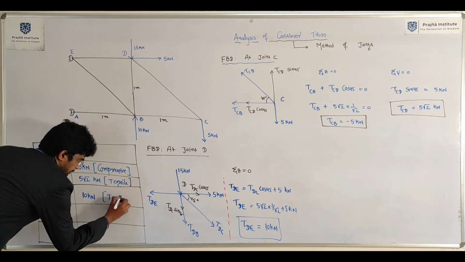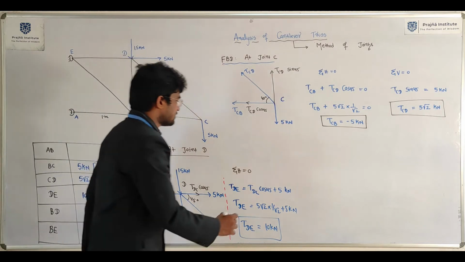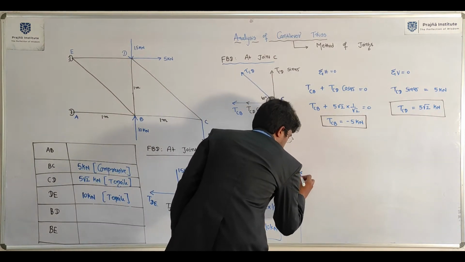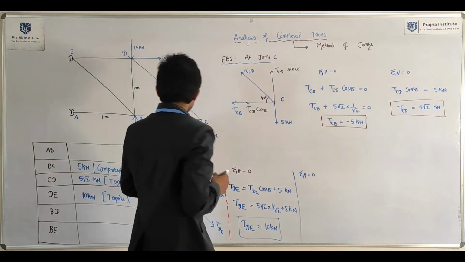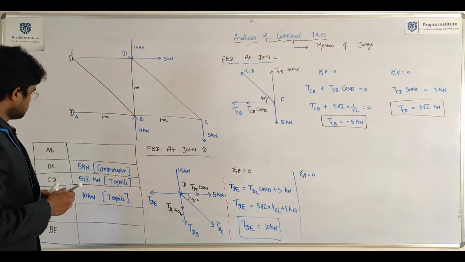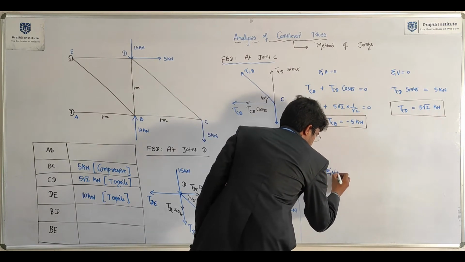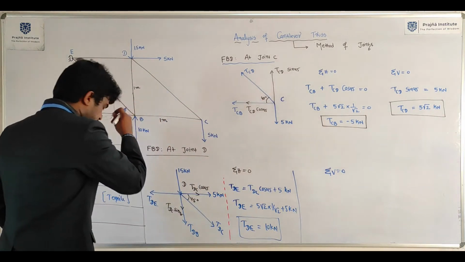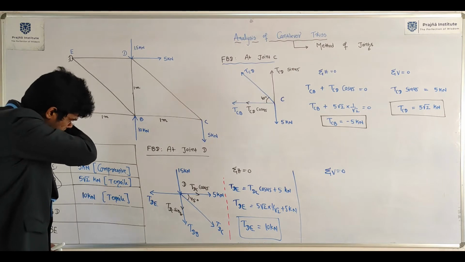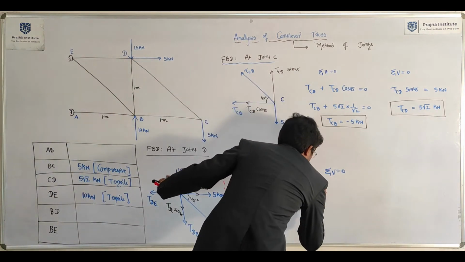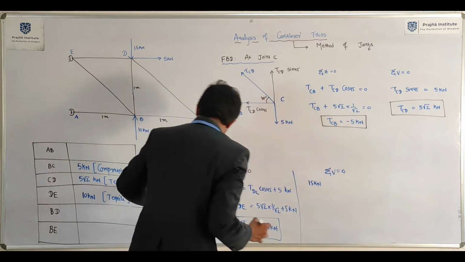tensile in nature. Now sigma V equals to 0. What will you get, tell me? Here 15 kilonewton is acting downward.